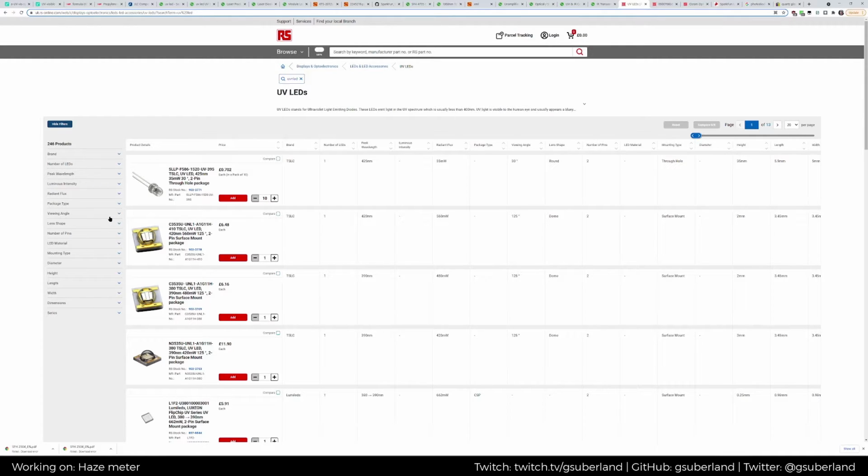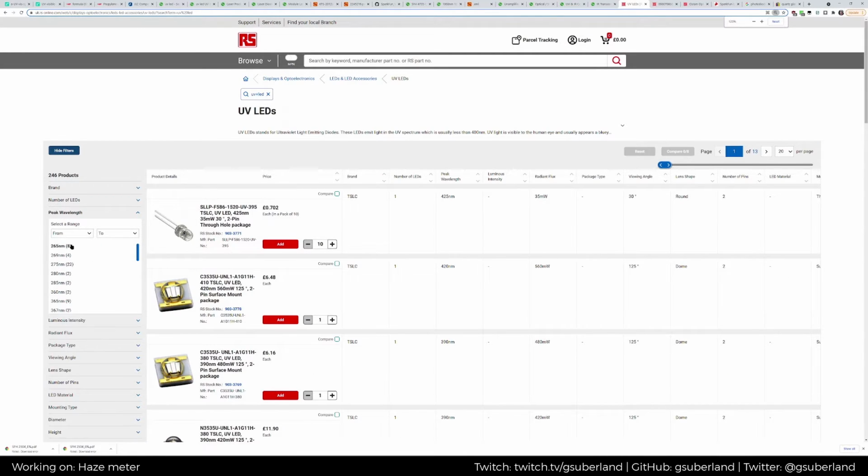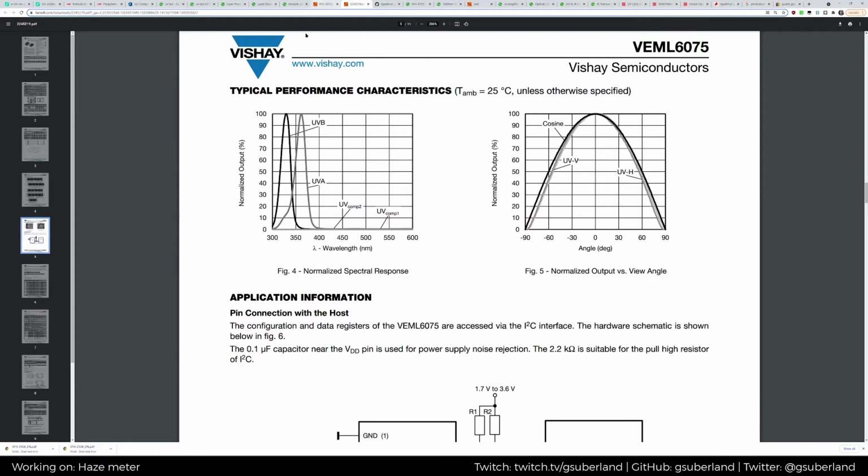Let's go with peak wavelength. There we go. That's what I'm looking for. Oh wow, 265 nanometers. That is a little lower than I was looking for. It's kind of bonkers.